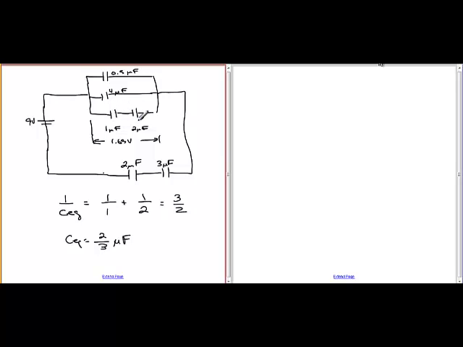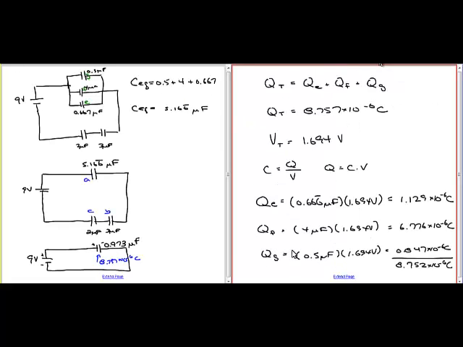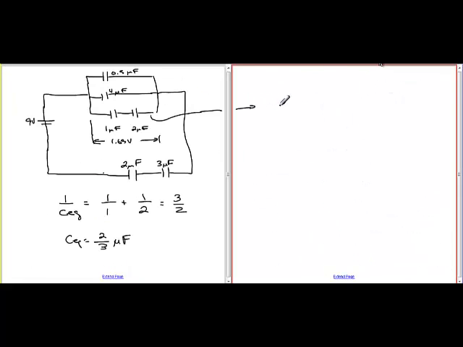And we know that the charge across here, bring it over there, is the charge that was associated with this. So the charge for that part, that was E, is 1.129 times 10 to the minus 6 coulombs.